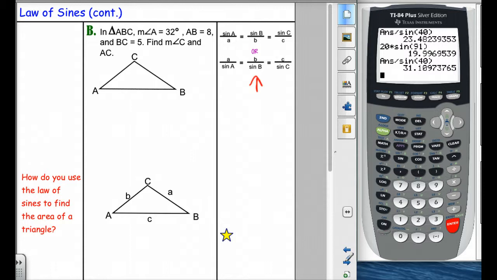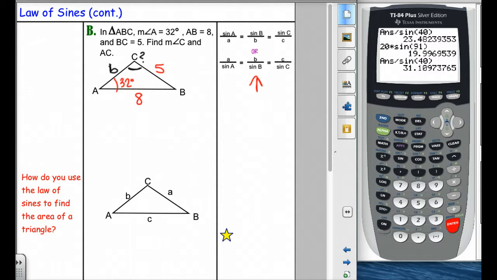And it says here measure of angle A is 32 degrees and AB is 8 and BC is 5. I want to find the measure of angle C and side length AC, which I'm going to call little b.